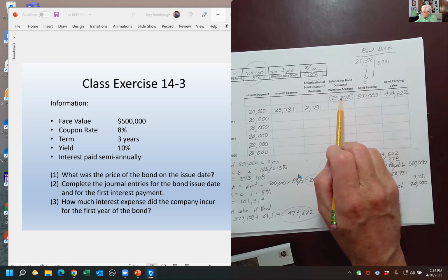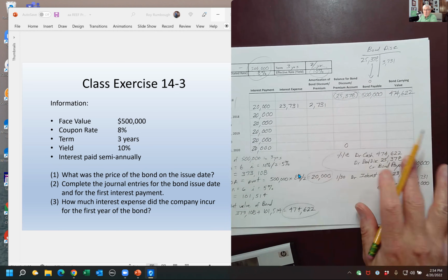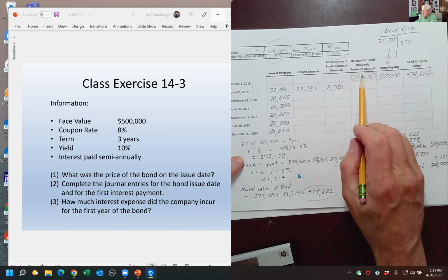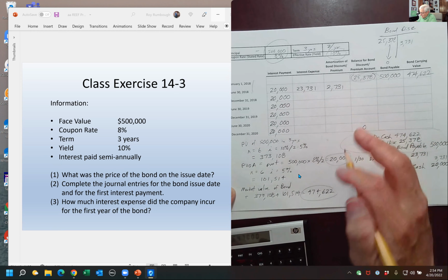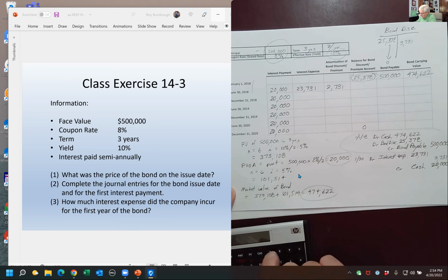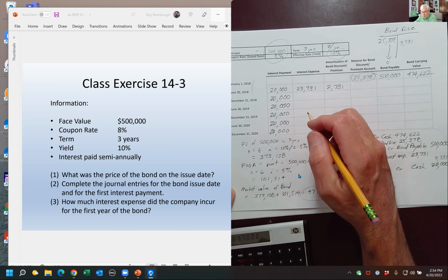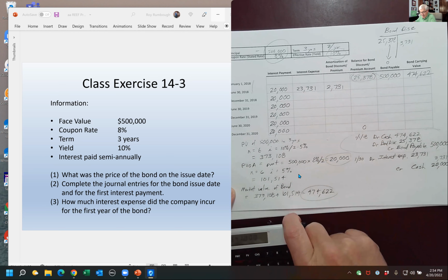And so what is now the balance in that account? It's going to be 25,378, what we started the period with as a debit balance, minus the credit of 3,731. Somehow I'm not getting the same answer.